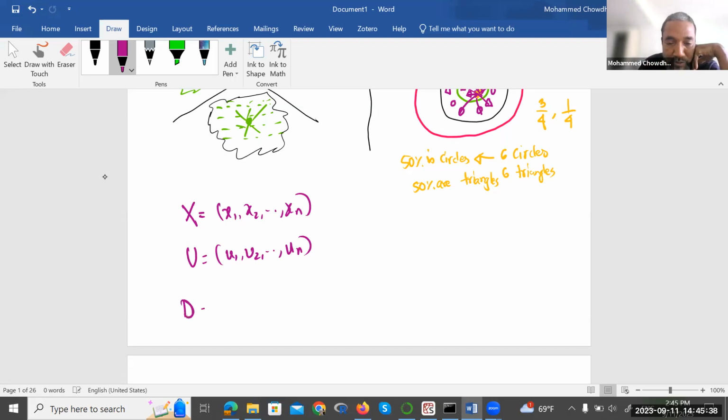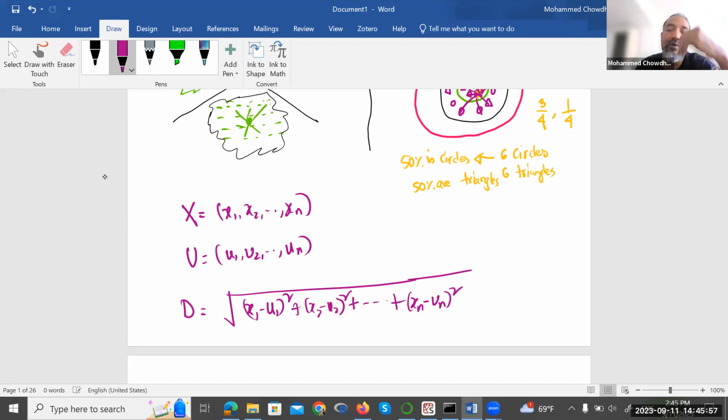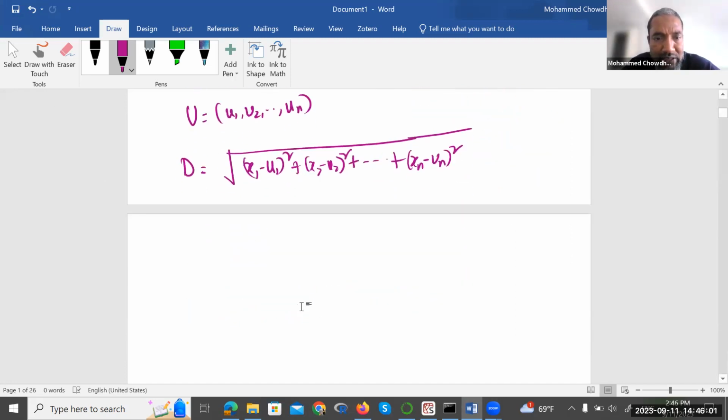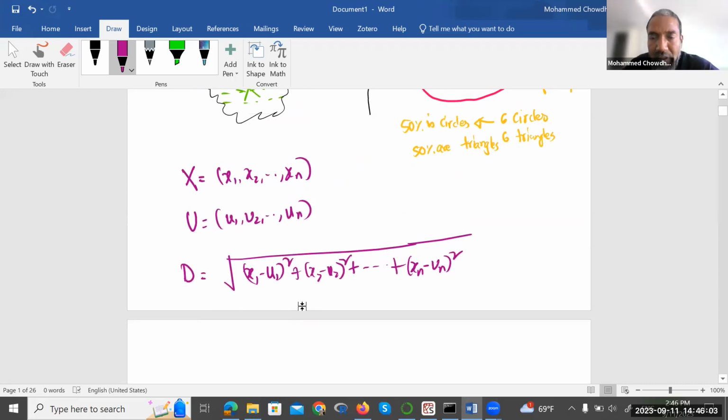Euclidean distance could be computed like this: (x1 minus u1) squared, (x2 minus u2) squared, and then it will go to (xn minus un) squared. That's the way the distance will go.